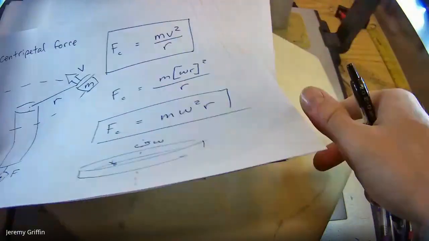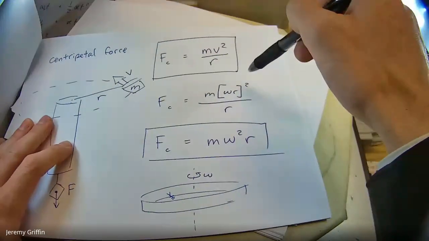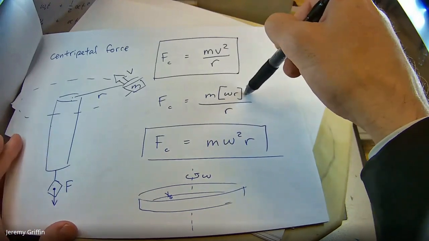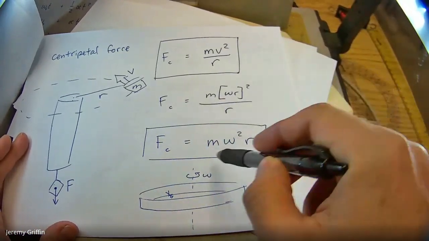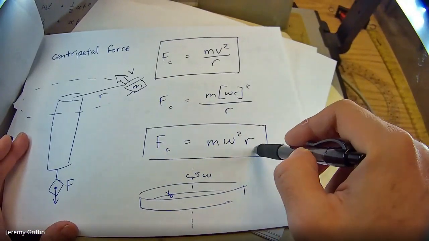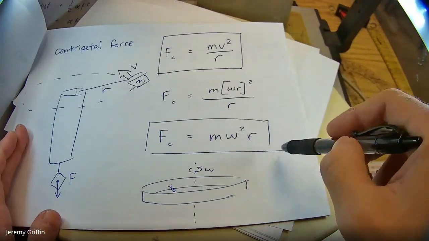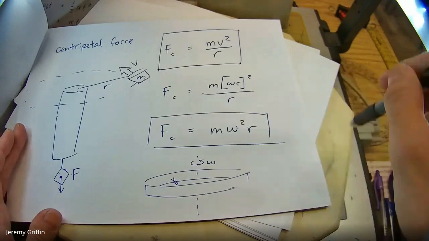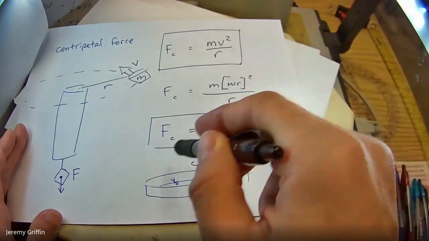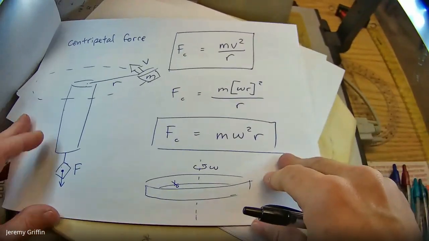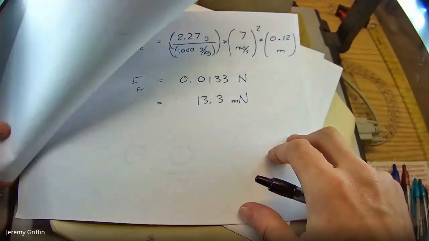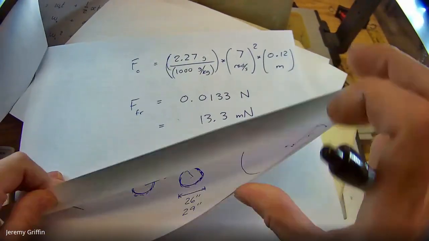What if you wanted something like omega, like a spin rate, radians per second? Well, pop in this, do the substitution, you can get this other expression. It's also m times omega squared times r, which is a more handy expression for some applications. If you have a solid, rigid disk spinning, or like an O'Neill cylinder, which you guys will see at the end of this week, sometimes it's an easier application. Did a little bit of math on that.